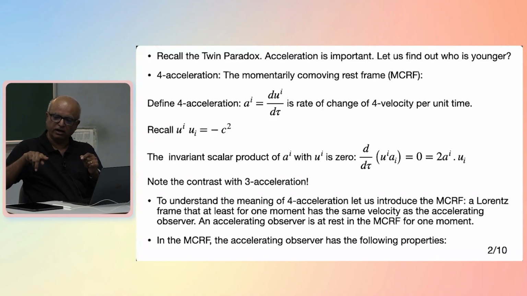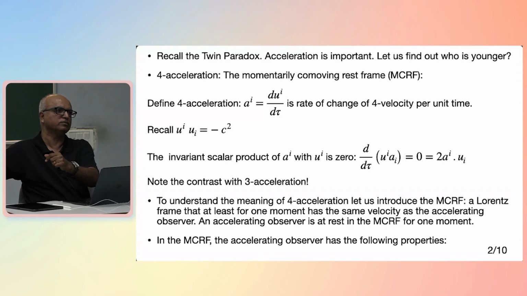I come here, I have a speed v. Imagine that there is an inertial frame moving with the same speed v that I am having here. So for a moment, I am at rest with respect to that fellow. He is always moving at some fixed speed, but my speed is increasing, but for one instant I will be at rest with him. So at different points, different MCRFs.